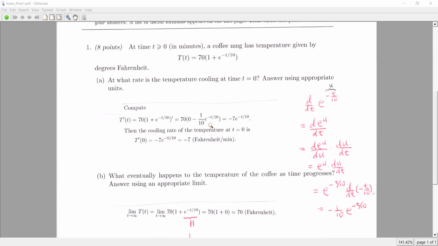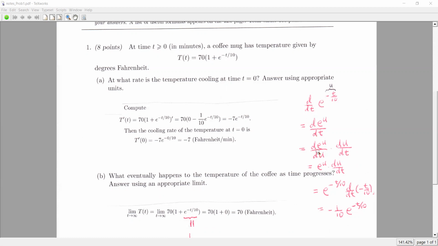By the chain rule. I simplify the function by introducing an intermediate variable u. I let u be negative t over 10. Then the function is simplified to e to u. To find this derivative, I use the chain rule.